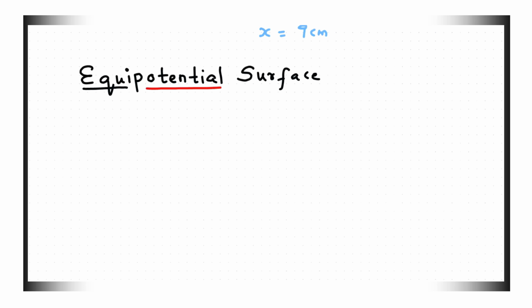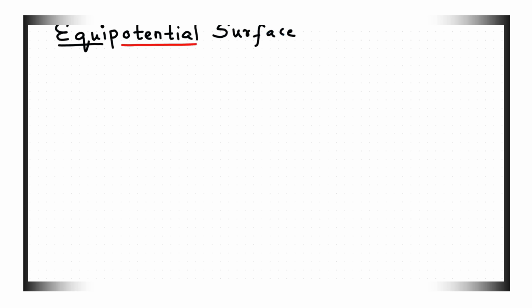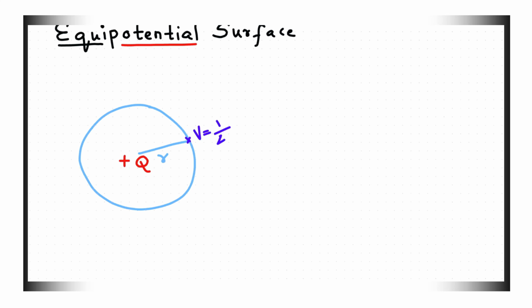If I'm taking a charge Q, suppose I assume a sphere around it with a radius R. The potential at this point V is equal to 1 by 4 pi epsilon 0 Q divided by R. If you find the potential here, that is also 1 by 4 pi epsilon 0 Q divided by R. That means charge is not changing, radius is not changing.